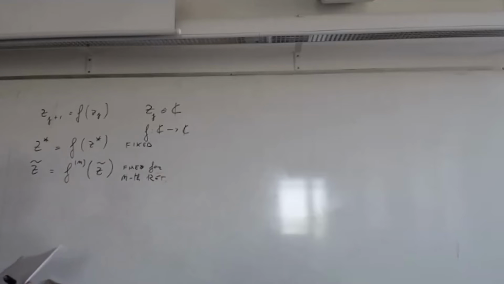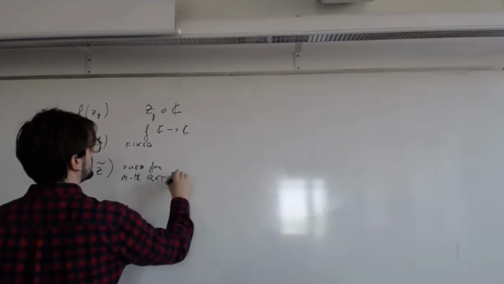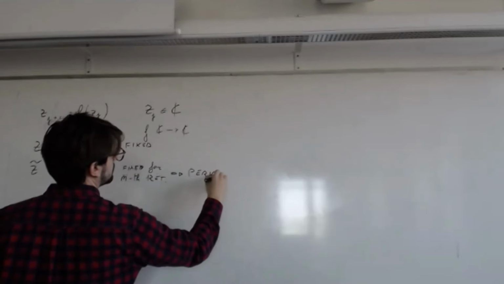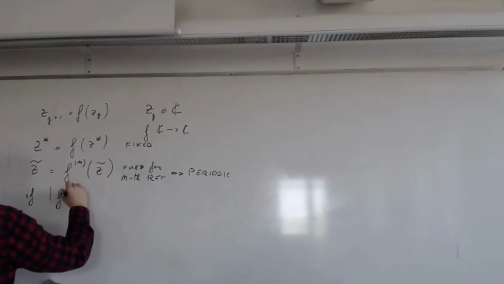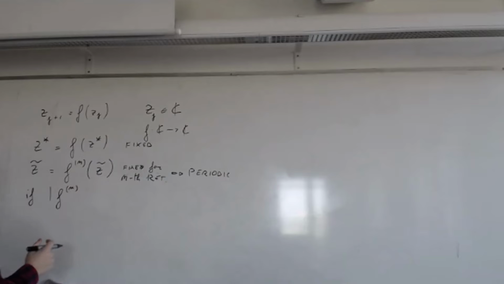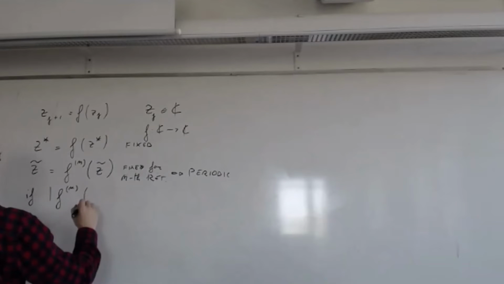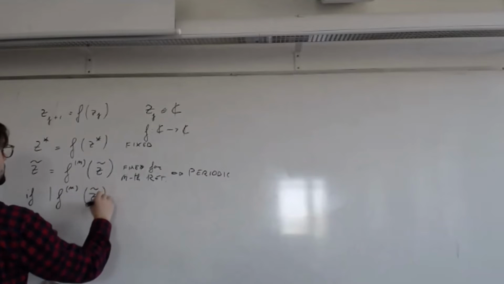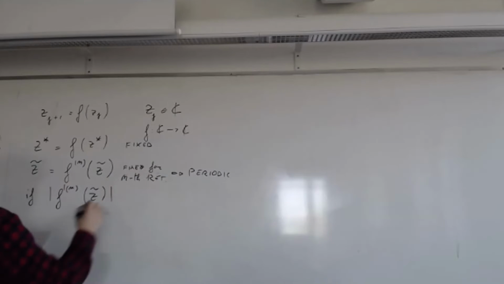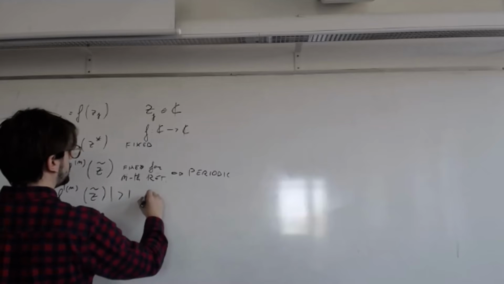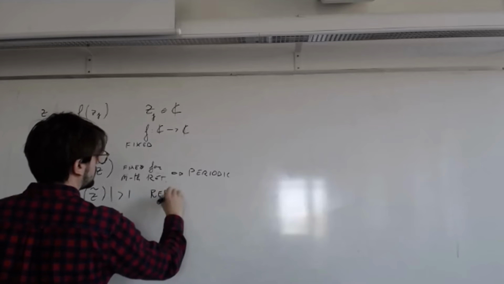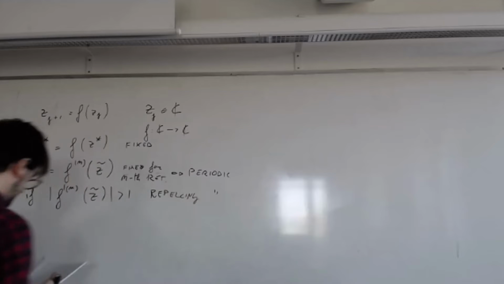So in other words, it is periodic. Just like for the real one-dimensional map, if we take the nth return map and calculate the derivative at periodic points, and this is greater than 1, so if the derivative is greater than 1 at a periodic point, then it's a repelling periodic point.